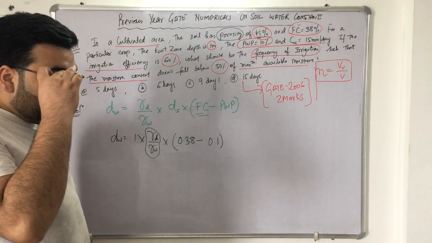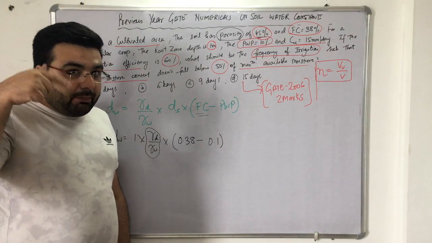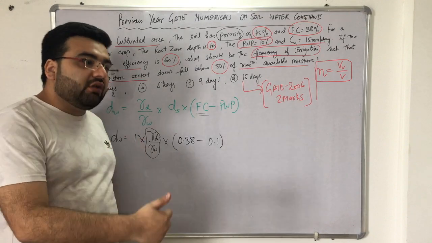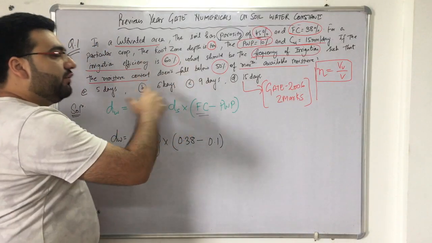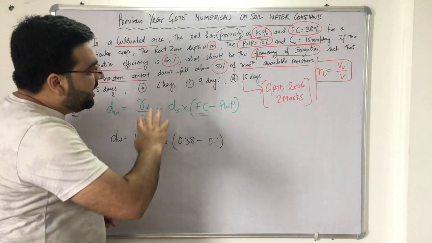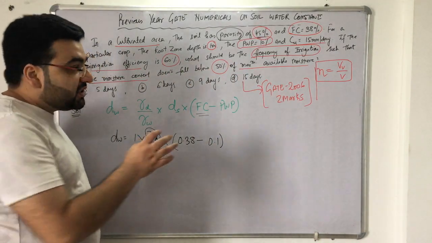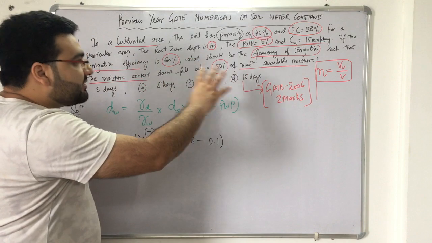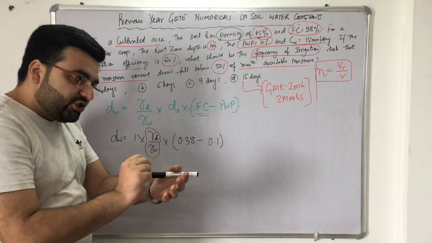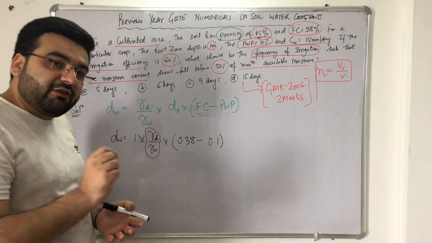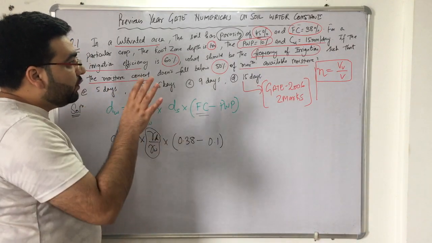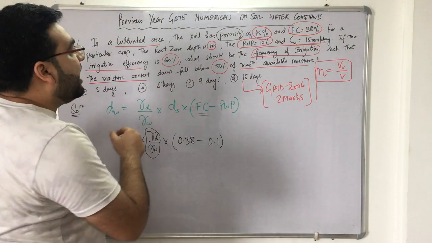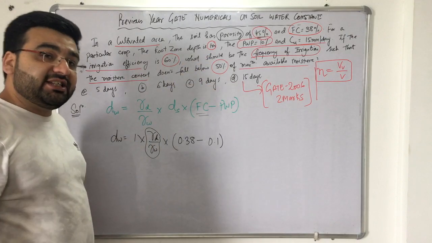Only then will the brain capacity develop to solve questions in the GATE examination. It will not be beneficial if you just keep on looking at how the solution has been done. So when I write a numerical, understand it, pause the video and solve it on a rough sheet of paper with the help of a scientific calculator. If you get the answer, well and good. If you don't, then see how the solution has been done.